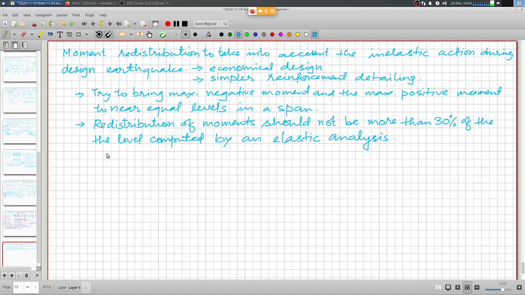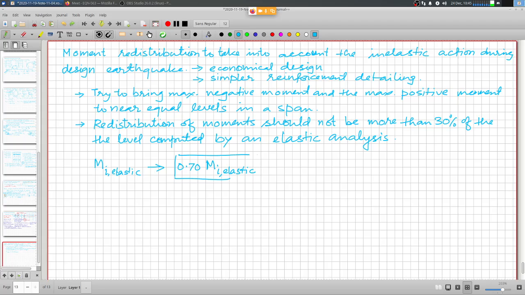Right. So, for example, at any level, if M_I was the moment from elastic analysis, then I cannot go below 70% of M_I elastic.